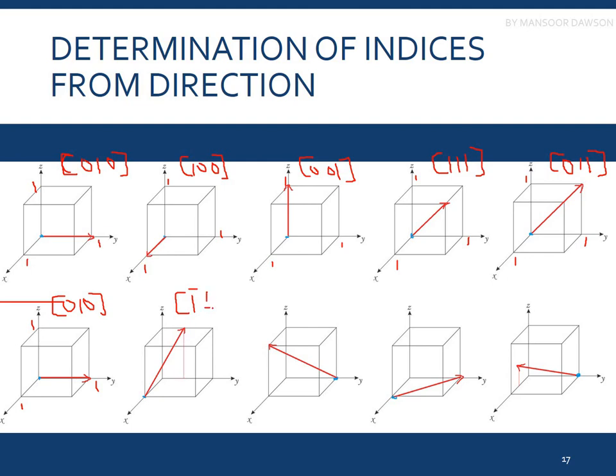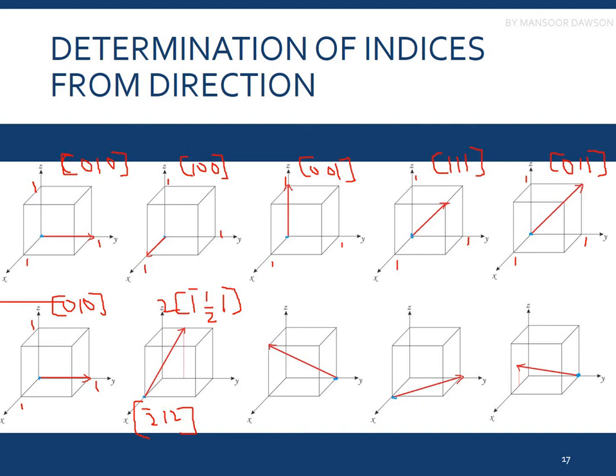This would be half in y, and in the z is 1 whole. Okay, so we won't be writing half in here, but instead we'll be multiplying it by 2 to get the index in whole numbers. So it would be 2 bar, 1 and 2. So this would be the exact index for this direction.